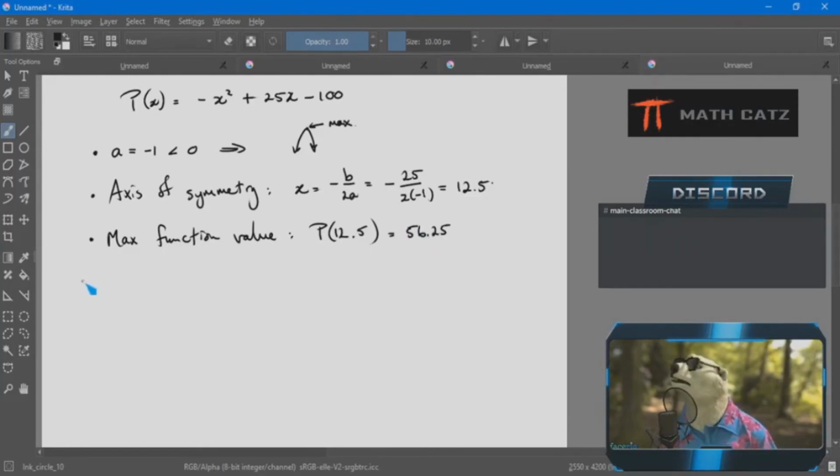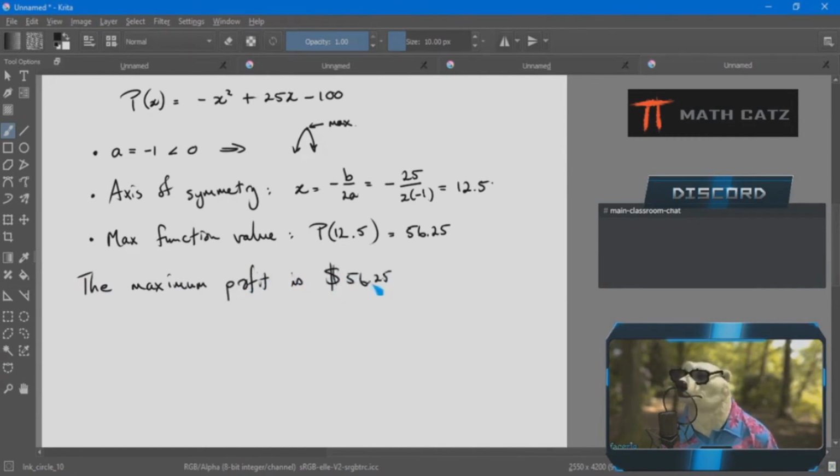So to get, now let's say it like this, the maximum profit is, again, these are very small numbers.